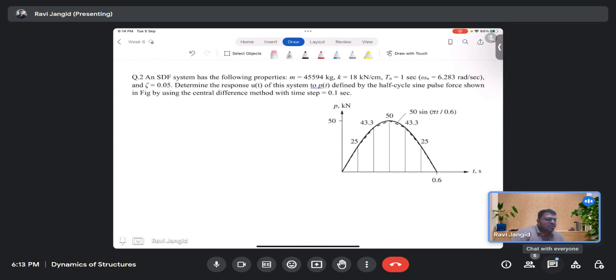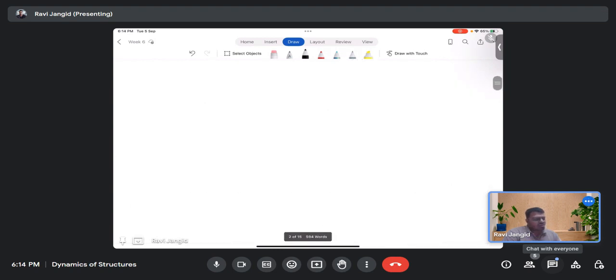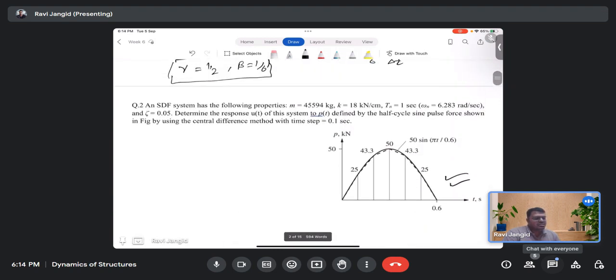So we need to determine the response of the system for the half cycle sine pulse shown in the figure, using the central difference method with time step 0.1. The solution for this has been discussed thoroughly in theory.